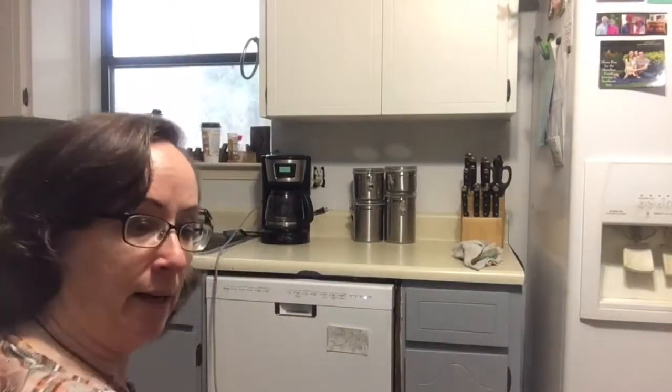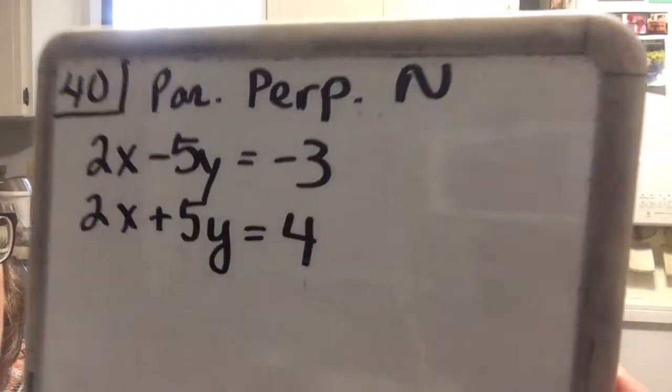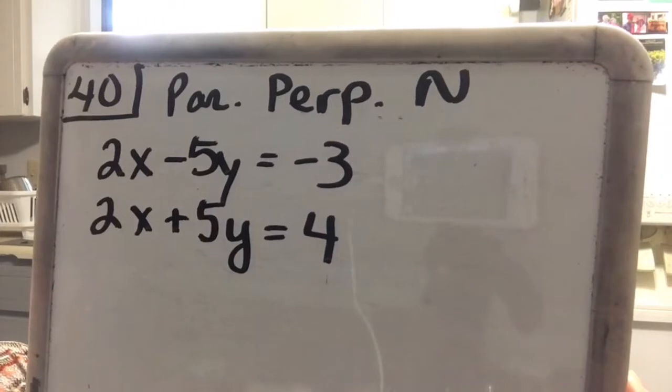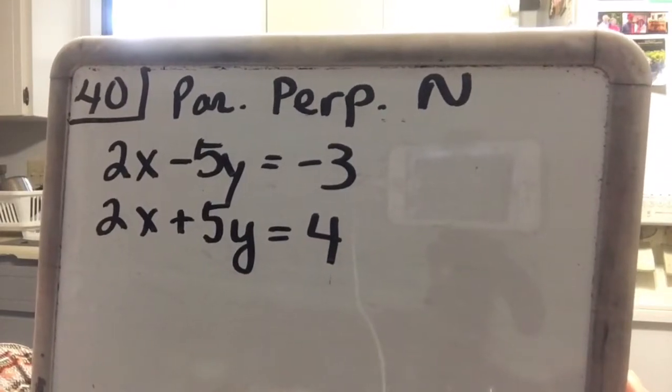Okay, so now we're moving on to problem 40. We are given a system and we're trying to determine if this system is parallel, perpendicular, or neither.